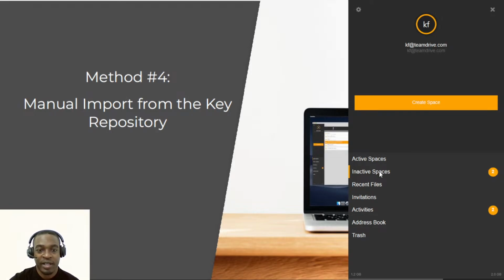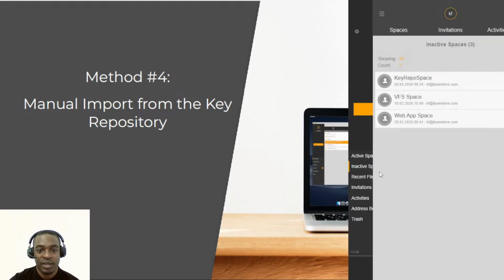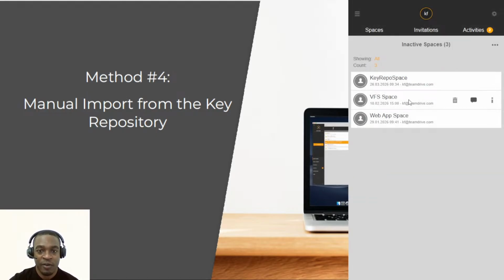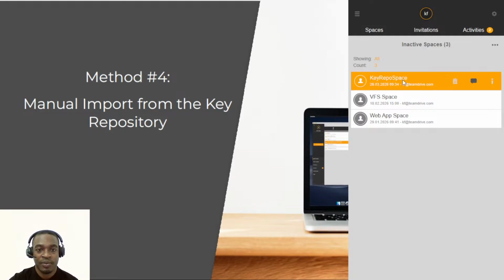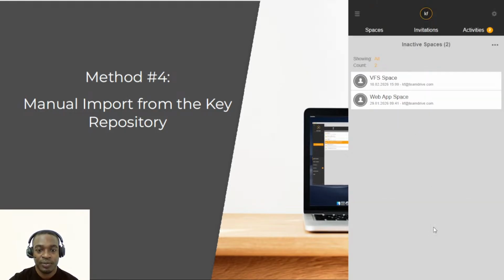Better internet connection now. So if we go to our inactive spaces, then we see the keys that we have just imported. So again, I'll activate key repo space. And we see we have been able to activate the space. The space is currently recovering because we've imported it.